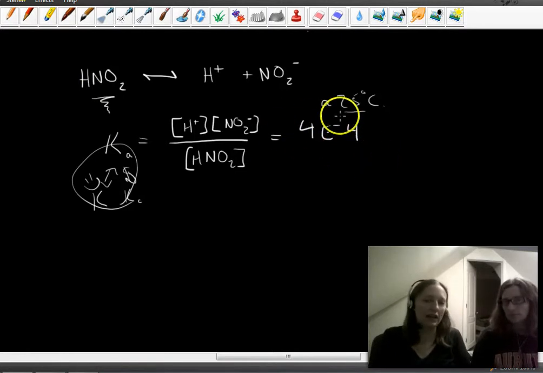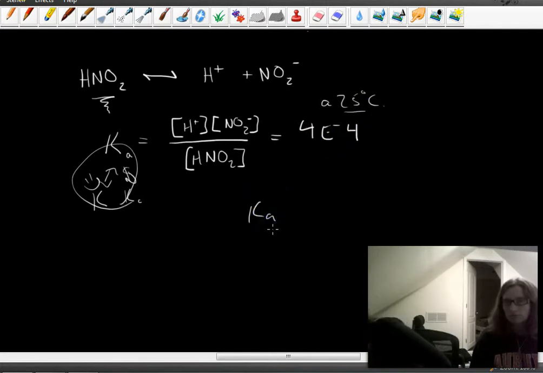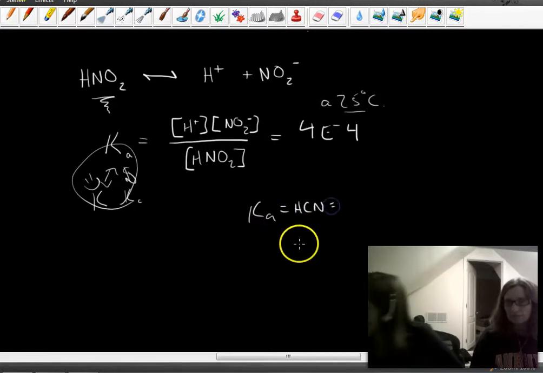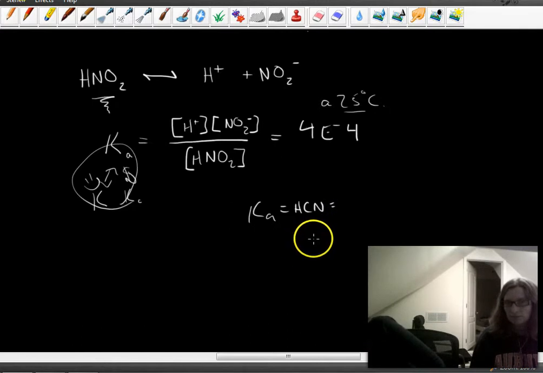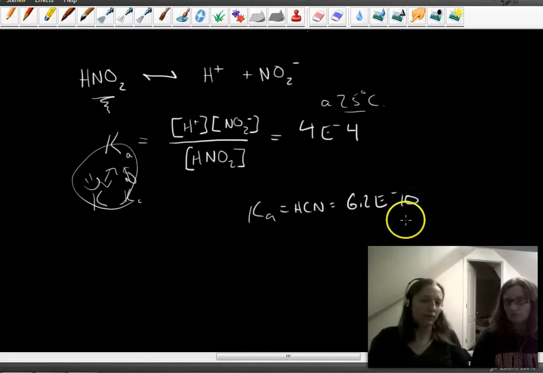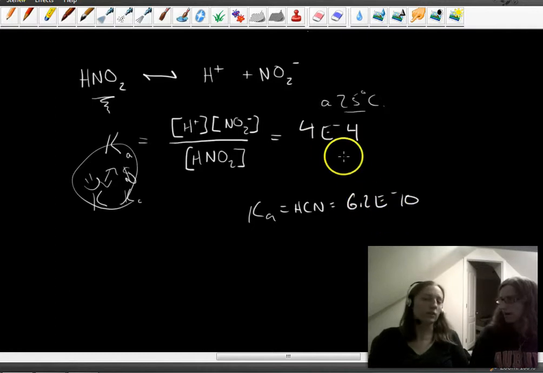And that you would be able to compare with the Ka for some other one, hydrocyanic acid. The Ka for this guy equals 6.2e to the negative 10. This is bigger. This is smaller, because this is 0.0004. This is 0.00000000062.